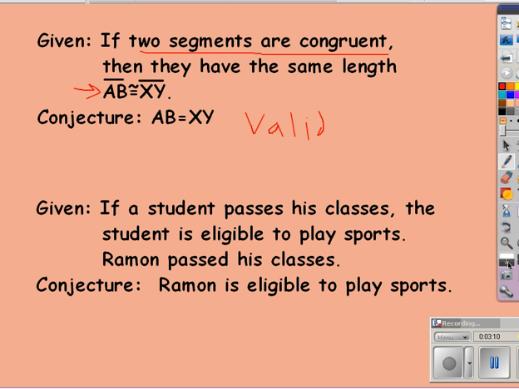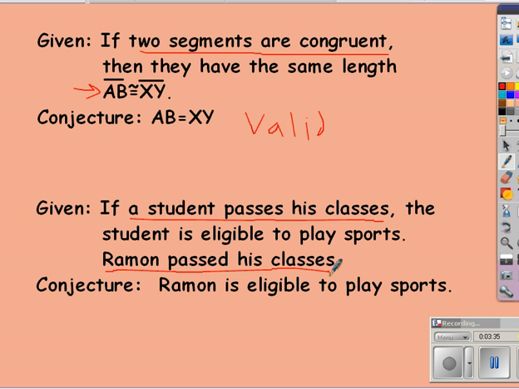Another example. If we're given the conditional statement, if a student passes his classes, the student is eligible to play sports. Ramon passed his classes. So our conjecture, Ramon is eligible to play sports. Again, we're comparing that hypothesis, a student passes his classes, with the statement they give you. Ramon passes his classes.